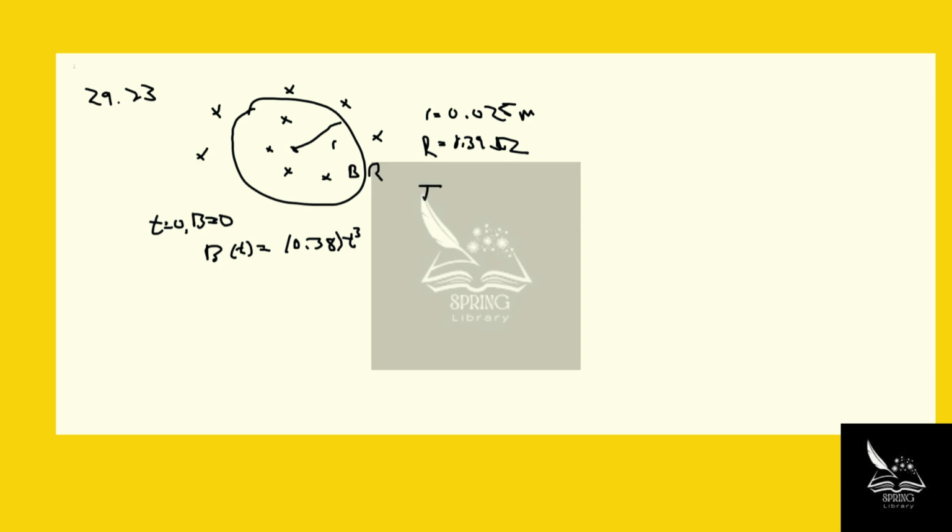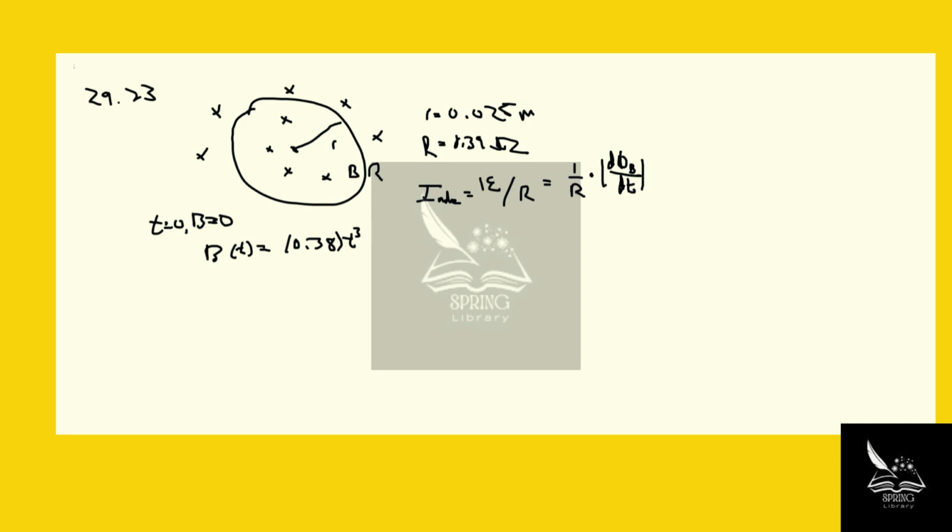So if we're looking for the induced current, we need this to be the induced EMF from the B field, the changing flux, divided by the resistance. So this becomes 1 over resistance times, using Faraday's law, the change in flux.